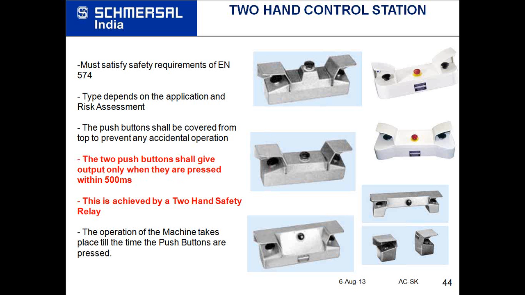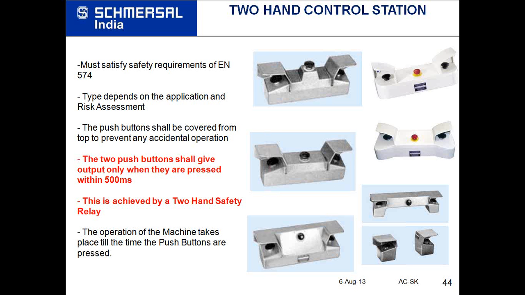This is a requirement of the standard EN 574. Only if they are pressed within 500 milliseconds should we get an output. Otherwise, we should not be able to get the output.